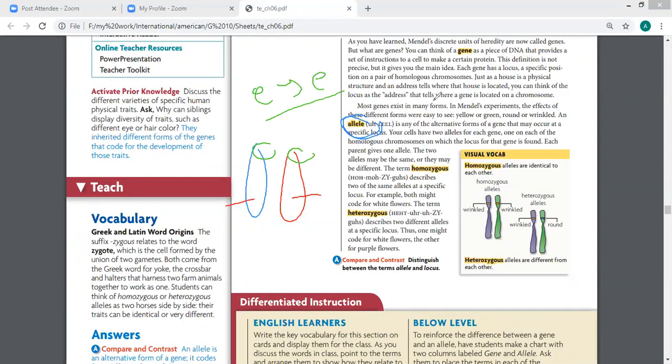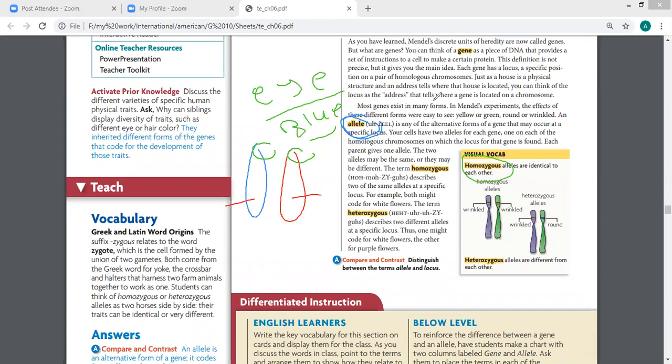So they are genes of the same trait, so they are alleles, different versions of a gene. If the traits which they carry are similar, for example both of them carry blue eye color, it will be homozygous alleles because they are similar.